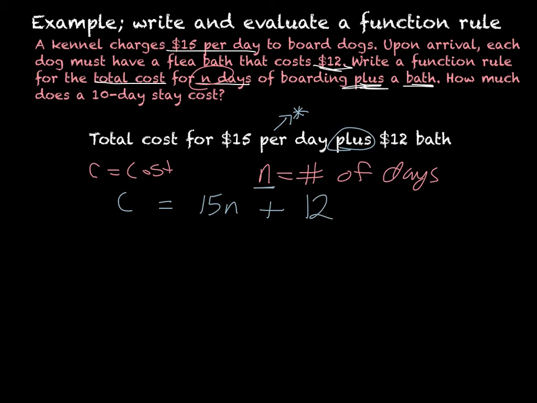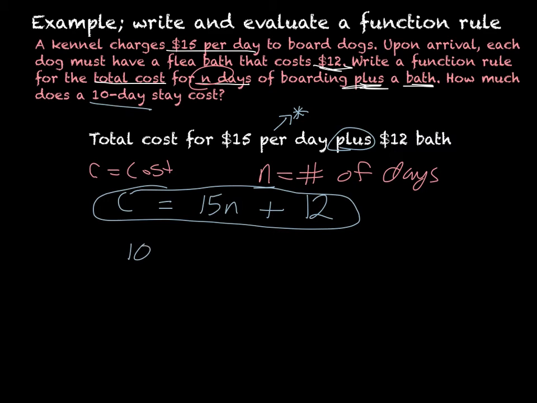$12 for a bath. Now you don't have to have a bath every day if they stay at the kennel, so you don't have to go 12n. So that is your function, and now we want to find a 10-day stay, so n is going to be equal to 10 because that's the number of days.